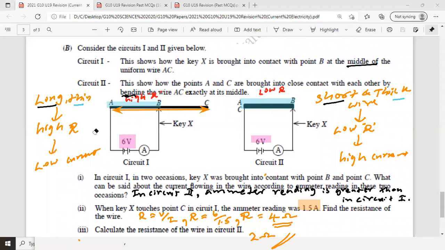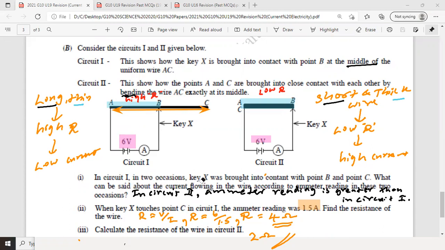What can you say about the current flowing in the wire according to the ammeter reading in these 2 occasions? Yeah, that one, not the circuit. So you can write here in occasion 1 and 2, the length matters here, right? In occasion 1, current is higher than in occasion 2.